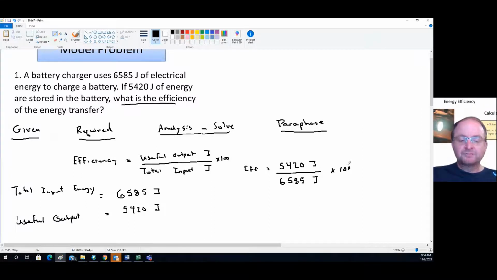Clear your calculator a lot. 5,420 divided by 6,585. Okay. And it looks like we need 4 significant digits. So we get 0.823. Now we're going to have to multiply this by 100, and it's obviously 82.